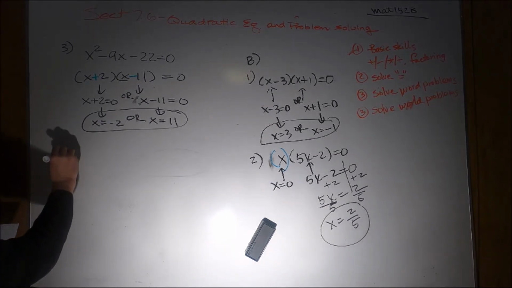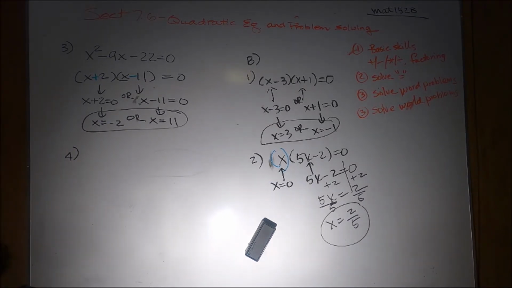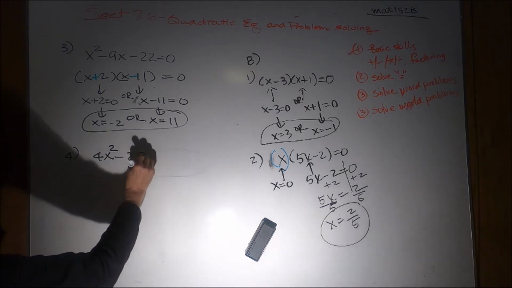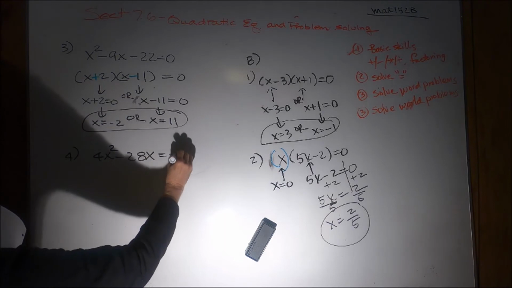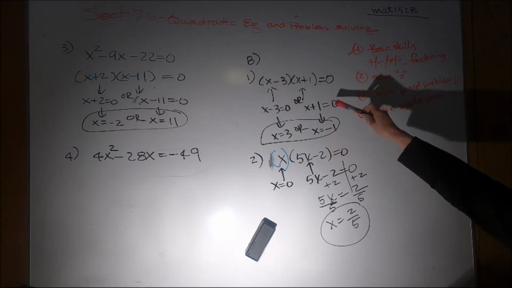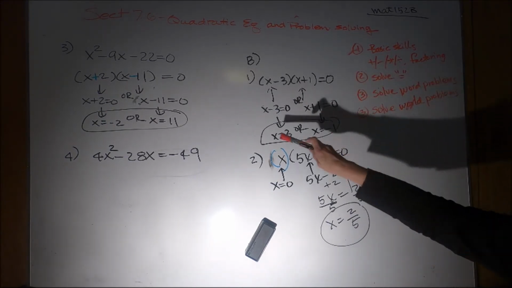Then take a look at the next one on your page 19. 4x squared minus 20x equals. What's the difference between this question and the questions we practiced earlier? Those equal 0, right?